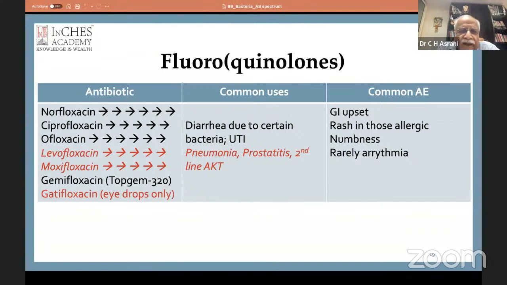Diarrhea due to certain bacteria and UTI: norfloxacin, ciprofloxacin, ofloxacin. Levo and moxi we use in pneumonia, prostatitis, and second line anti-tuberculosis treatment. Common side effects remain the same: GI upset, rash in those allergic to quinolones, numbness, and very rarely arrhythmia if the patient is diabetic or a heart disease patient.